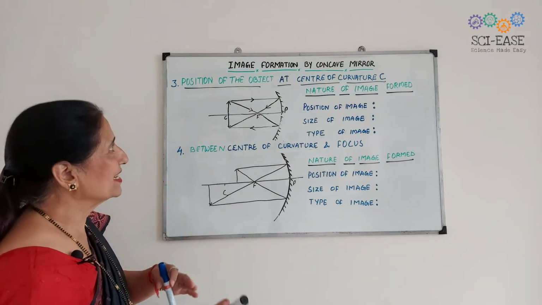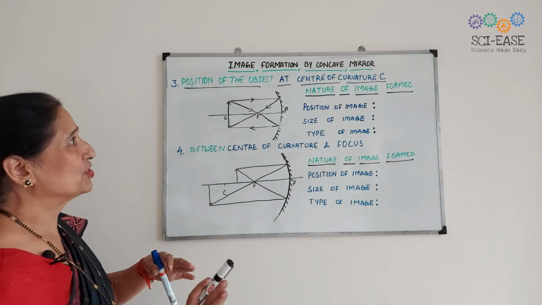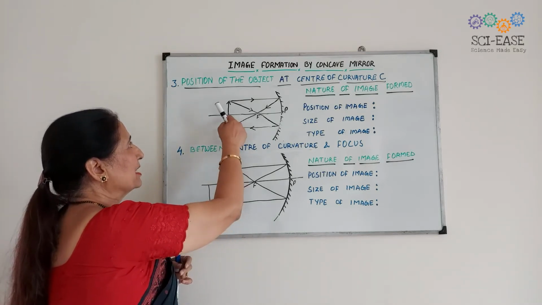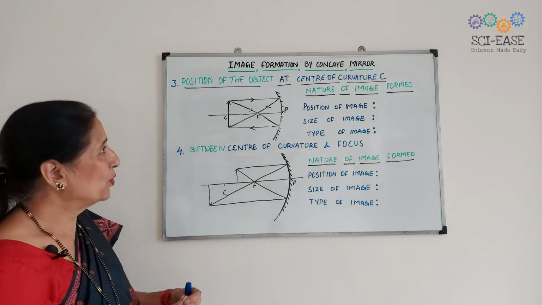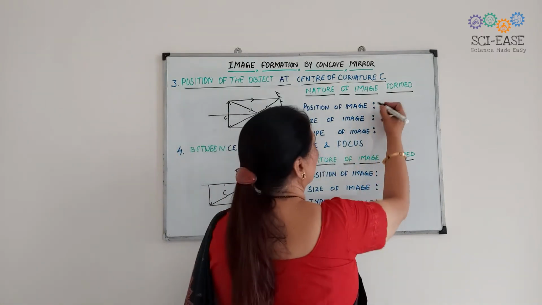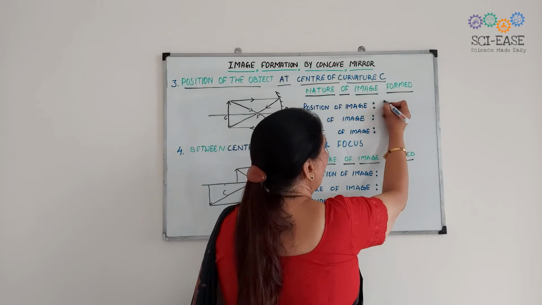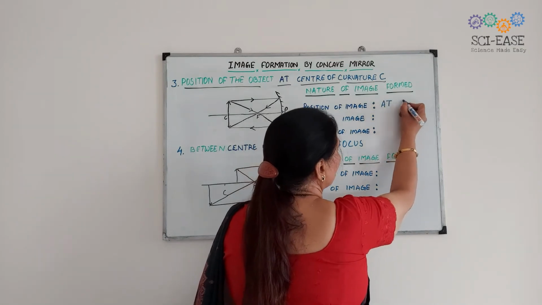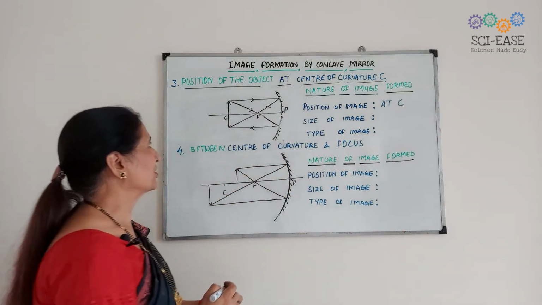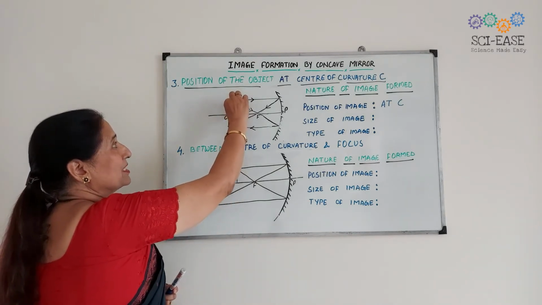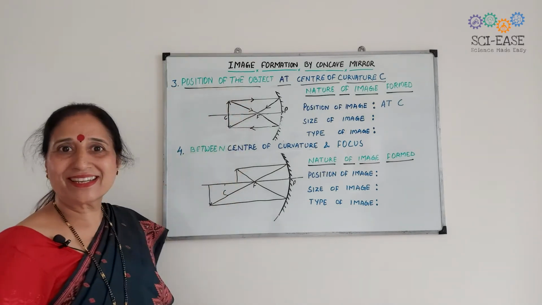So what is the nature of the image formed in this case? First is the position of the image. It is at C, the center of curvature. Size of the image: the object is this much size, the image is also this much size.